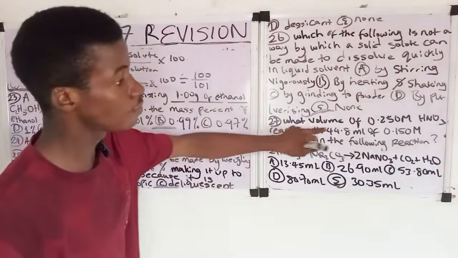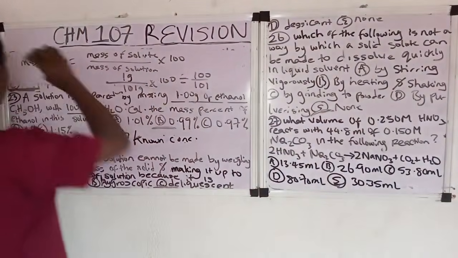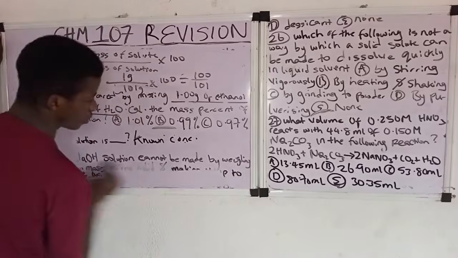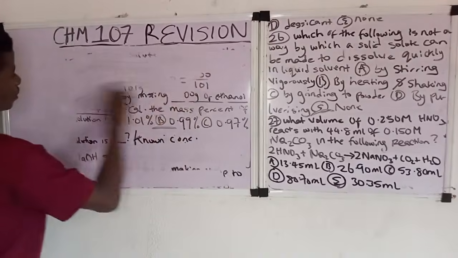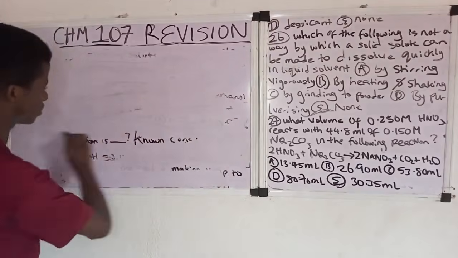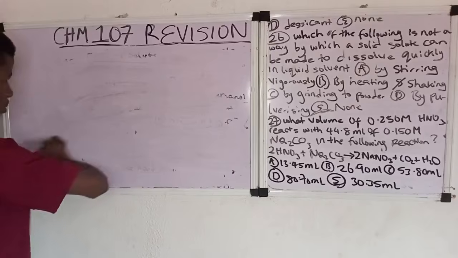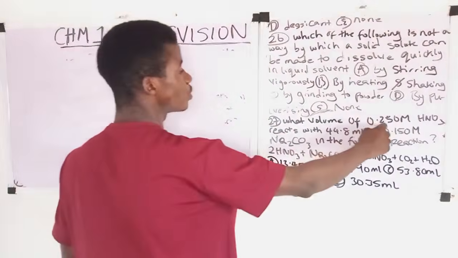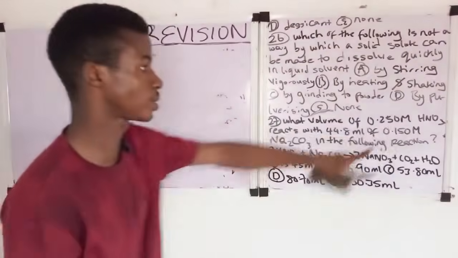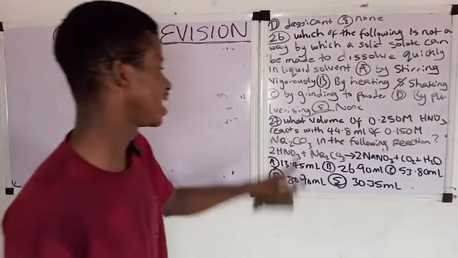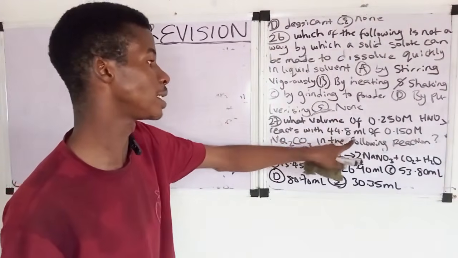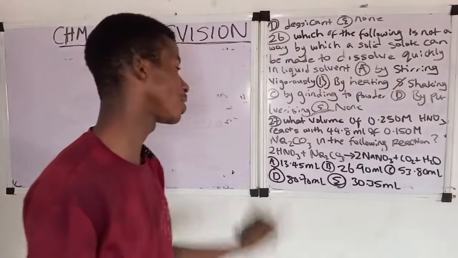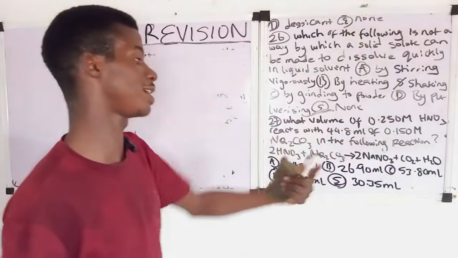Then let's do the last question. Let me clean this part so that we can solve it. They said, what volume of 0.25 molar solution of HNO3 reacts with 44.8 ml of 0.150 molar concentration of sodium carbonate in the following reaction?